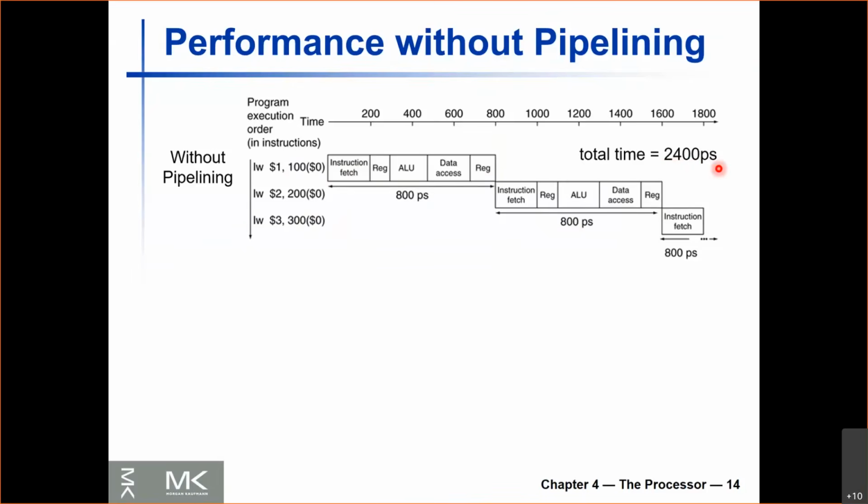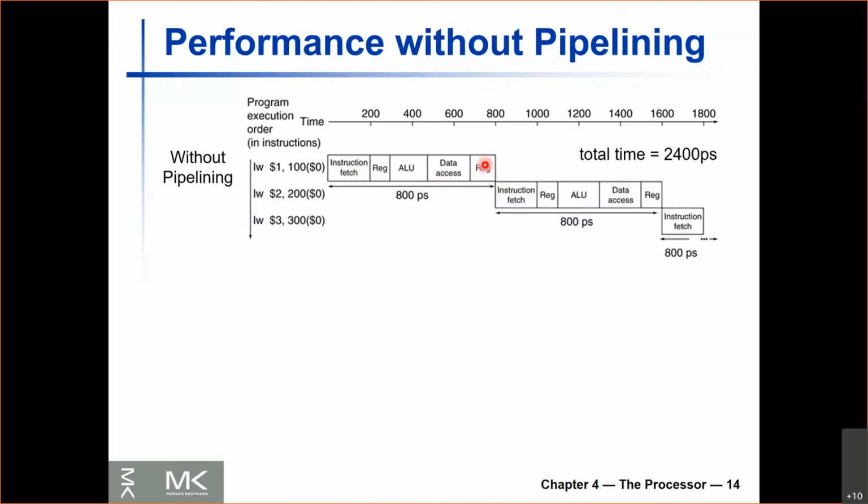Okay, so what if I apply pipelining? Well, one of the things I need to be careful about is that the stages are not all the same duration. When I apply pipelining, the way it works is that all the stages need to have the same duration.